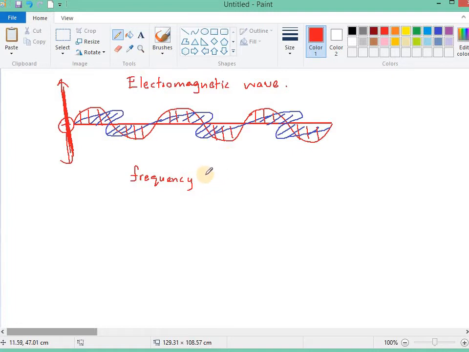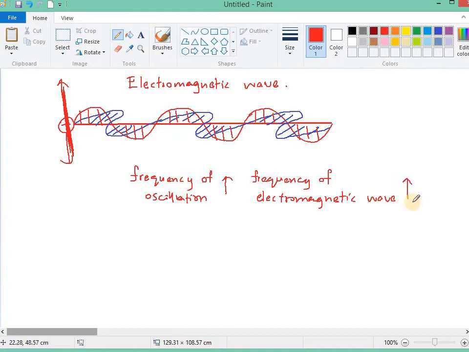So if the frequency of oscillation increases, then the frequency of the electromagnetic wave will also be higher. Okay, understand?